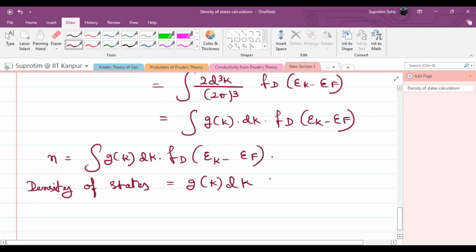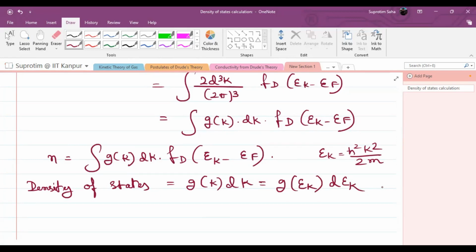But remember that we wrote epsilon k as h-bar squared k squared over 2m. It doesn't matter which space you are working in. It doesn't matter if you write k or g of epsilon k, because both are interchangeable. Whether you want to work in wave vector or in energy itself, it doesn't matter as long as the number n, the number of electrons in the sample, is constant.